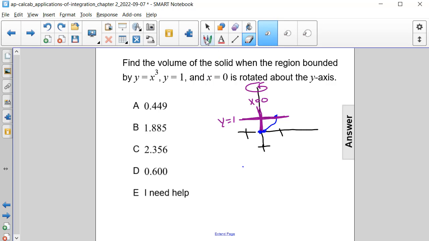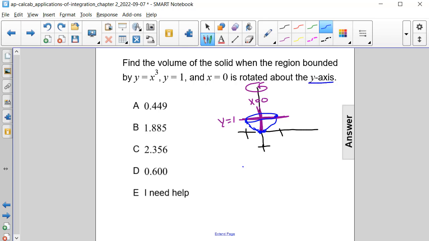And I'm also going to make that mirror image so that we have our three-dimensional look here. All right, so this is the volume that we are trying to find, and we're going about the y-axis.